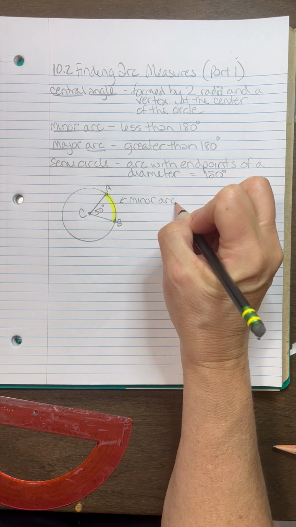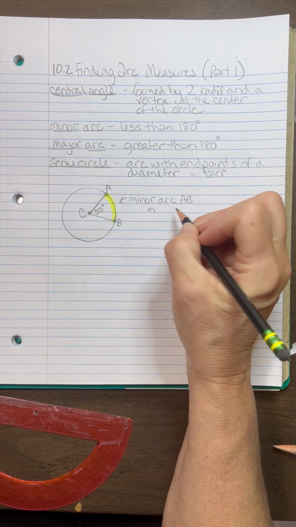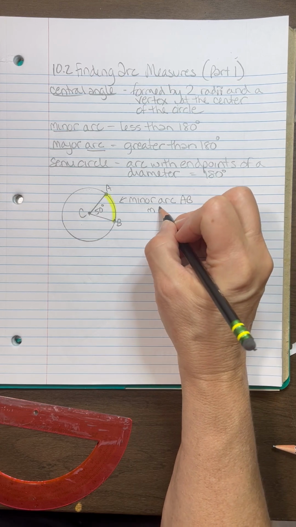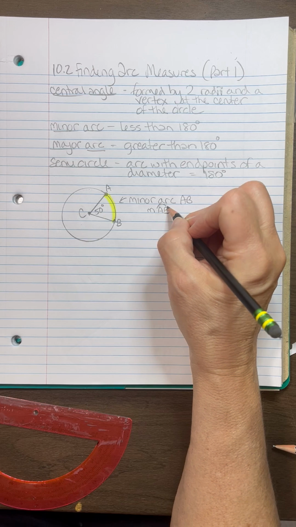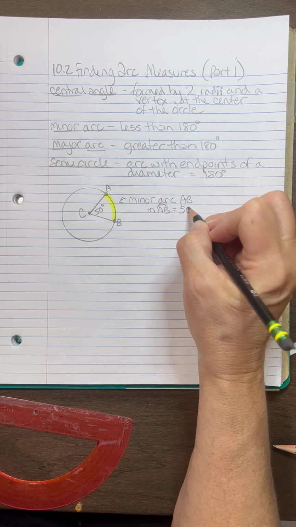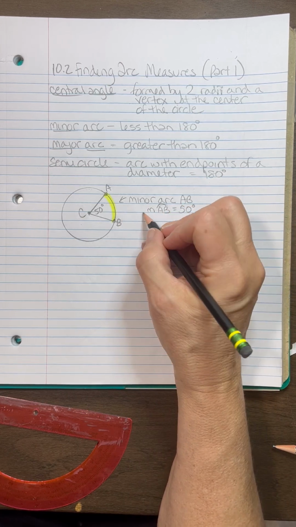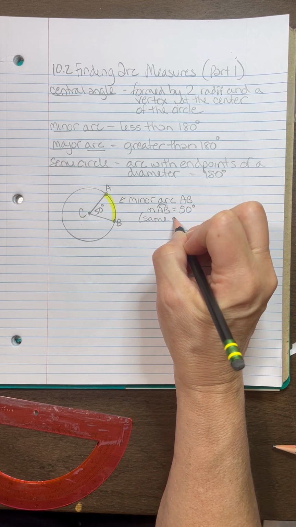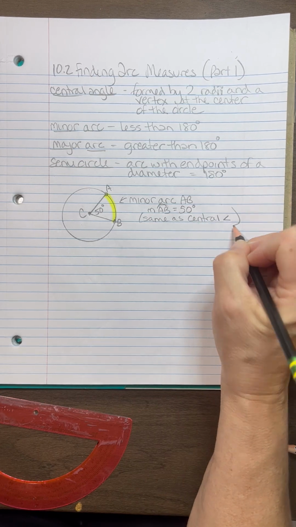Less than 180 degrees. And the measure, so we use M, we put AB, the measure of arc AB, so you put the letters with an arc symbol over it, going to be equal to 50 degrees. Okay, so the arc measure is going to be the same as the central angle that it cuts.